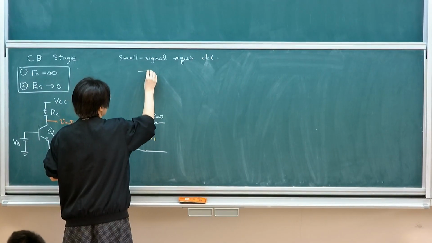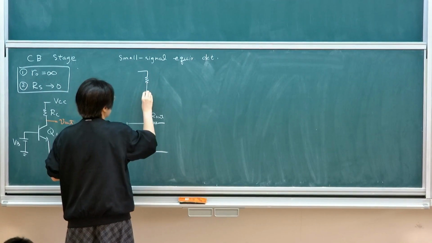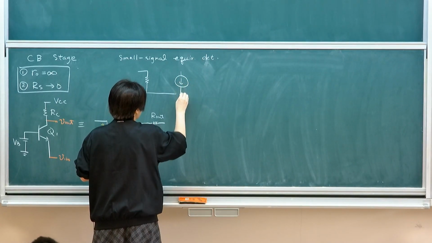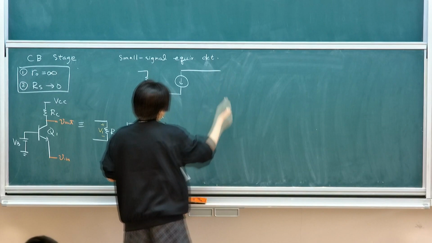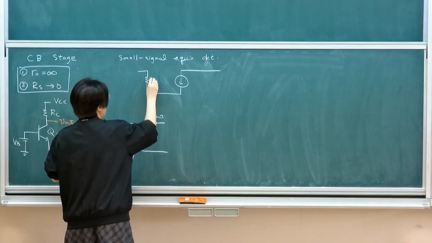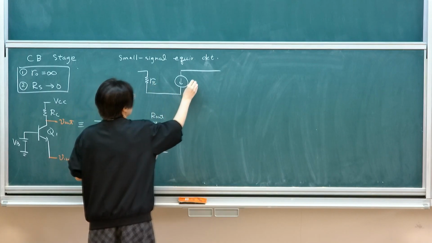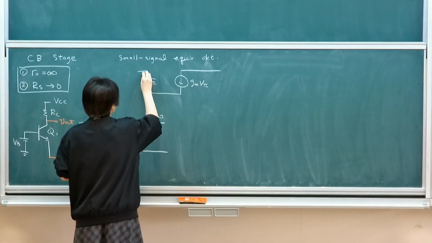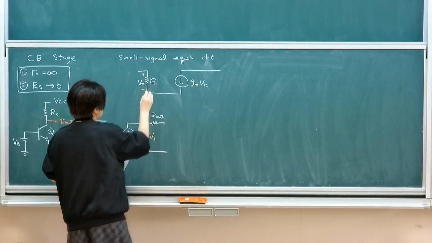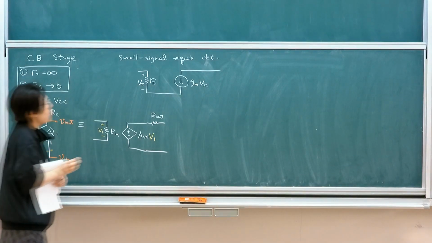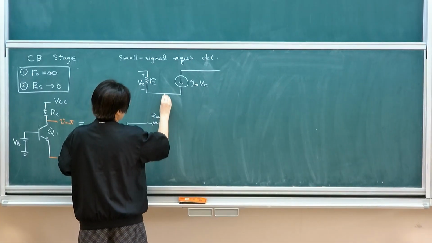If you're not very familiar with how to construct the model, I would suggest that you simply draw the small signal equivalent model of the transistor first. So this is the BJT. I have R pi, GM V pi. This is V pi. Okay? So I'm ignoring RO because I'm assuming RO is infinite, so you just ignore that at the beginning.